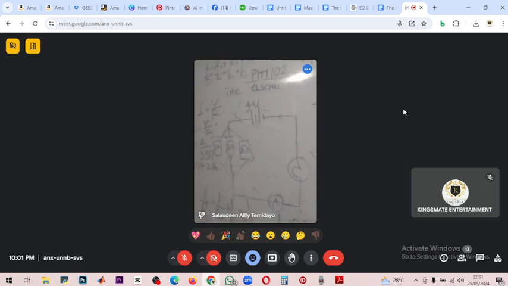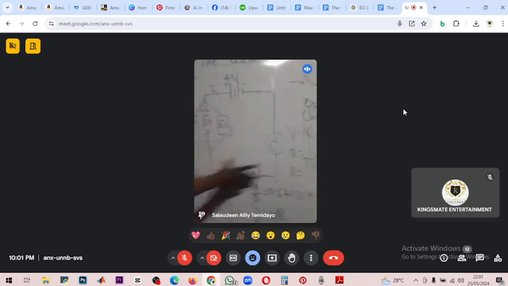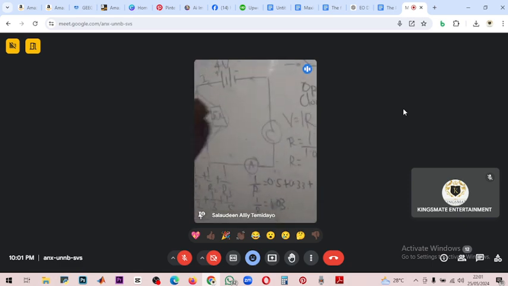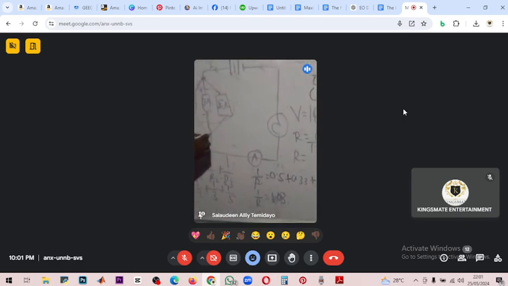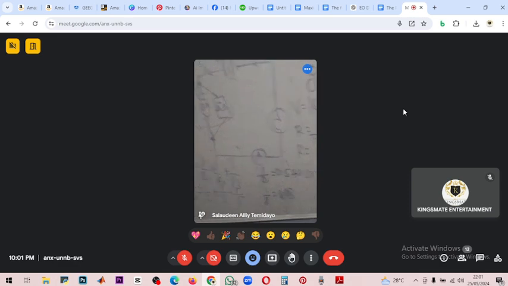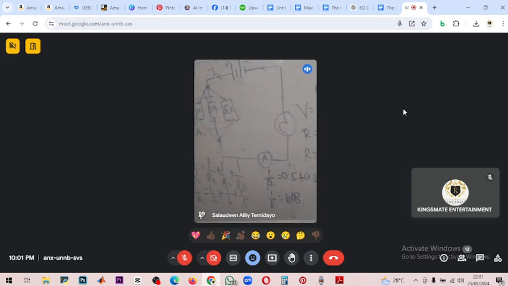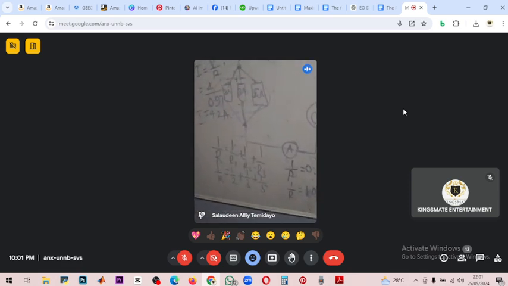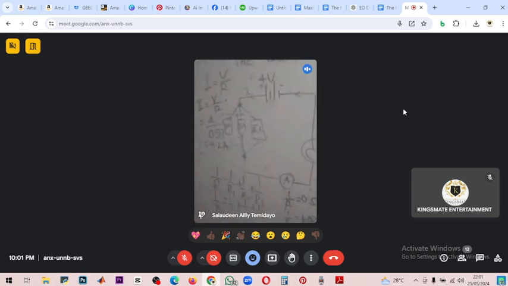And in this circuit now, we are asked to look for this. They are already connected in parallel because you see that their positive terminals meet at a point, and the negative terminals meet at a point. You are asked to look for the total electric current flowing through the circuit. You have to get the total resistance first.